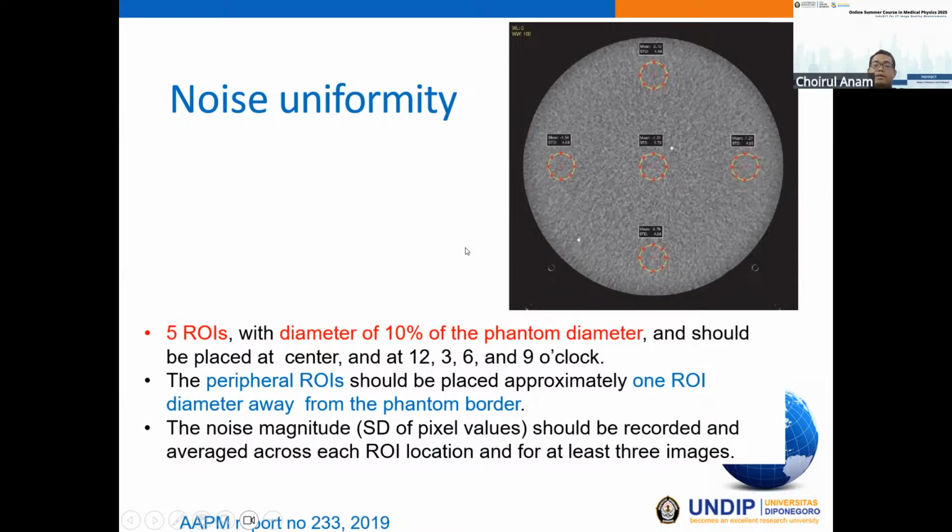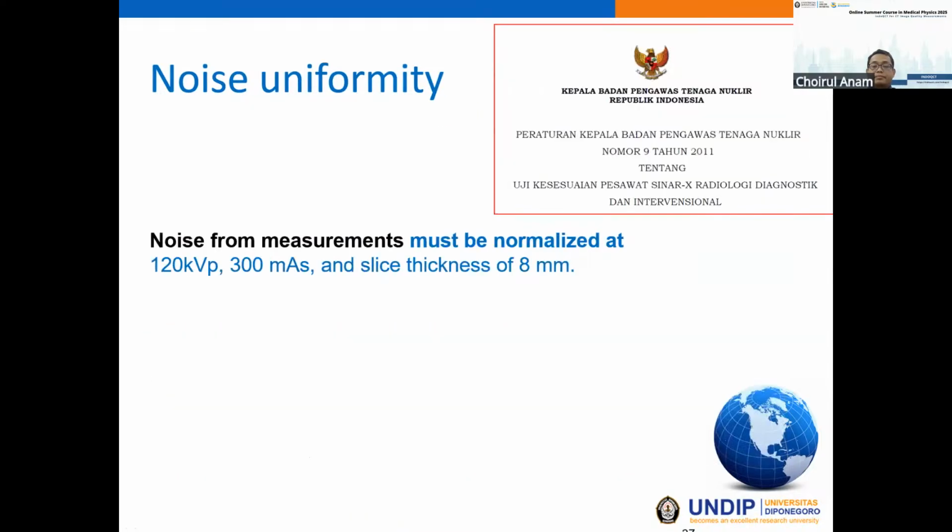and they should be placed at the center and at the 12, 3, 6, and 9 o'clock positions. The peripheral ROIs should be placed approximately 1 ROI diameter away from the phantom border. Then we calculate the noise magnitude by its standard deviation within each ROI.